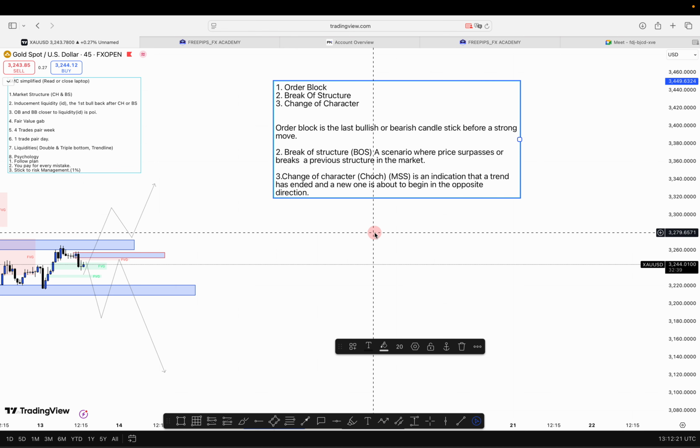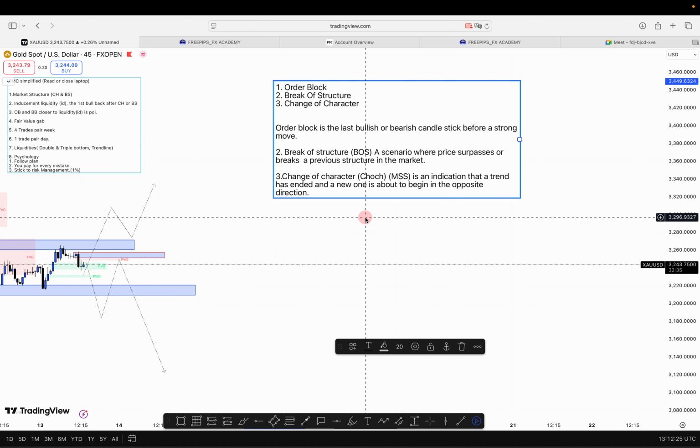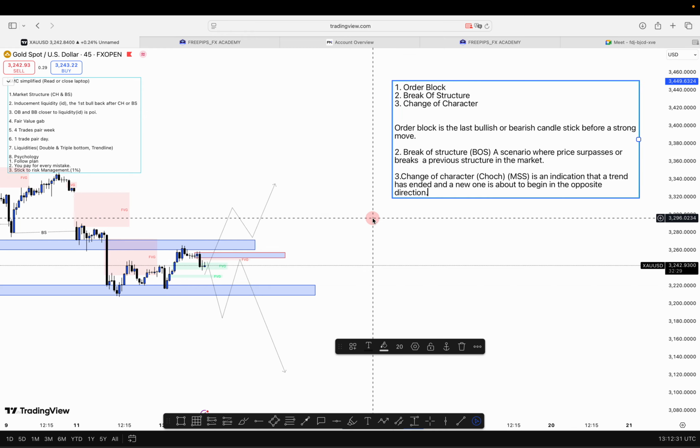I hope you are taking note. Okay. So it's an indication that a trend has ended and a new one is about to begin in the opposite direction.